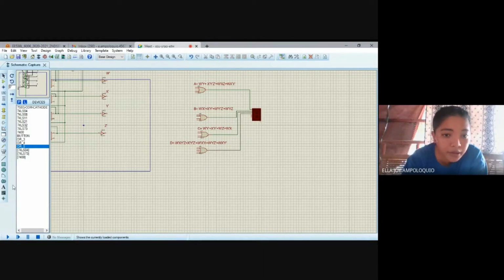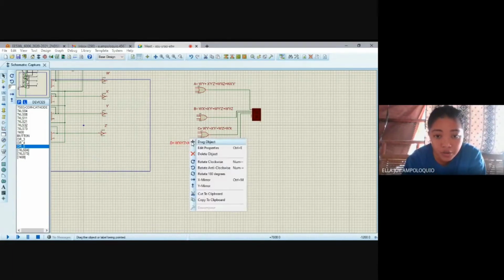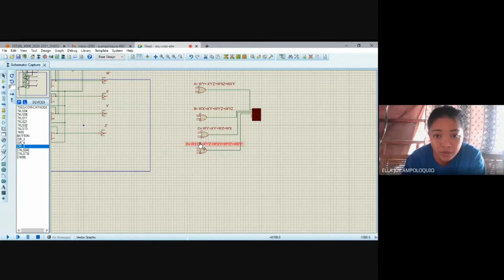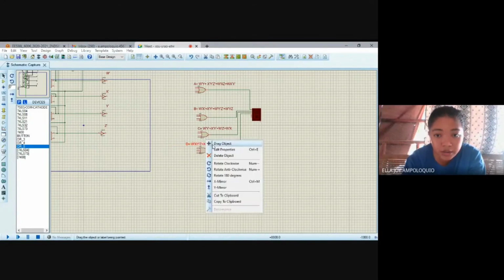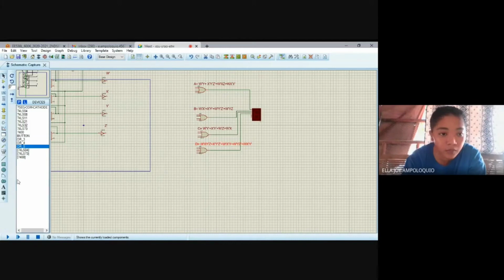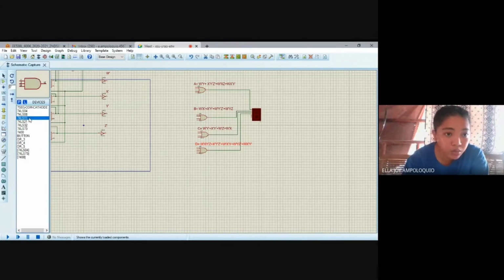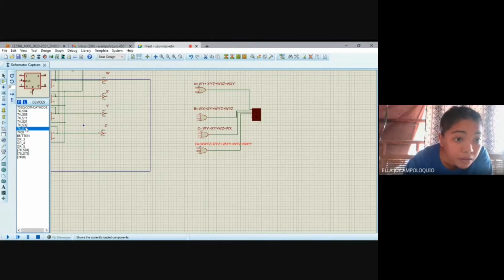Then let's have the fifth equation. The fifth equation has two inputs, so now I will use only two inputs here.